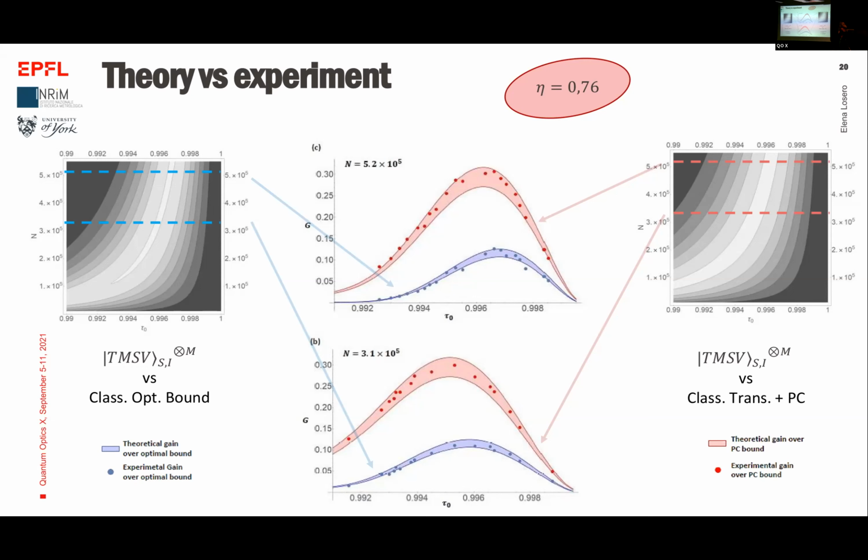The dots are the experimental points, and you can see that the dots are well within the curves, but even more importantly, what we can see from here is that we demonstrate a significant quantum advantage, both with respect to the best classical strategy and the Elstrom bound, which is the best obtainable from the theoretical point of view, if limited to classical resources.